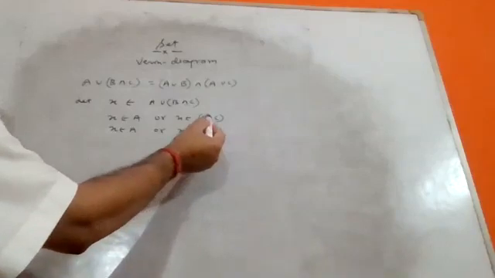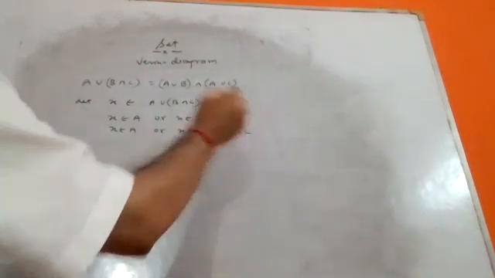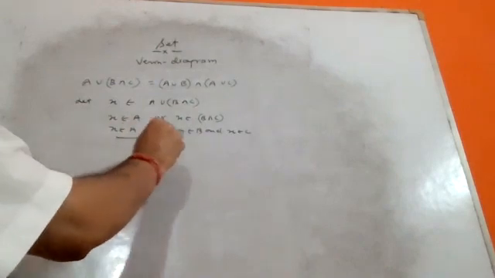Because here is intersection, and the sign of intersection indicates the word and. X belongs to B and X belongs to C. Belongs to means these elements can be in set A, set B or set C. Clear?